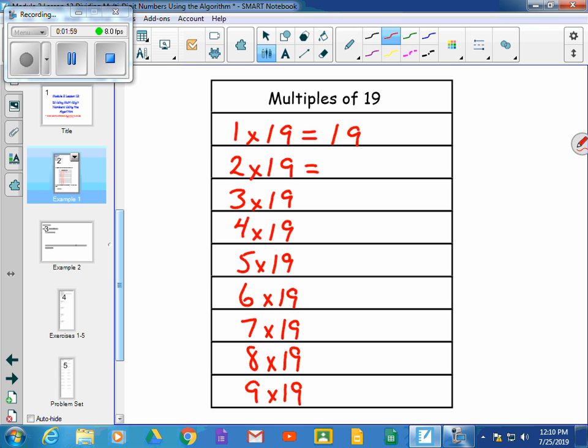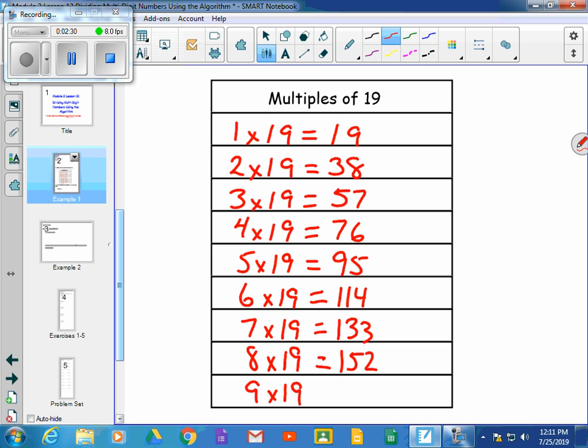So here's where you can use your calculator just to get the list of multiples. 2 times 19 is 38. 3 times 19 is 57. 4 times 19 is 76. 5 times 19 is 95. 6 times 19 is 114. 7 times 19 is 133. 8 times 19 is 152.